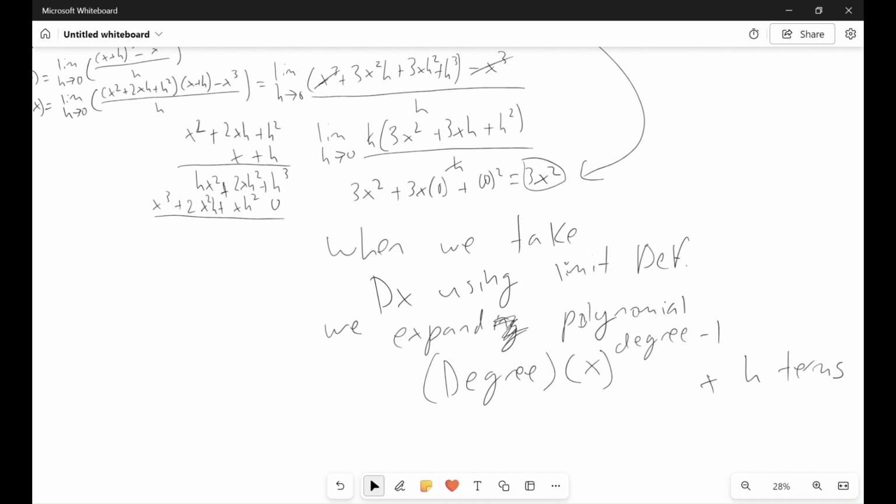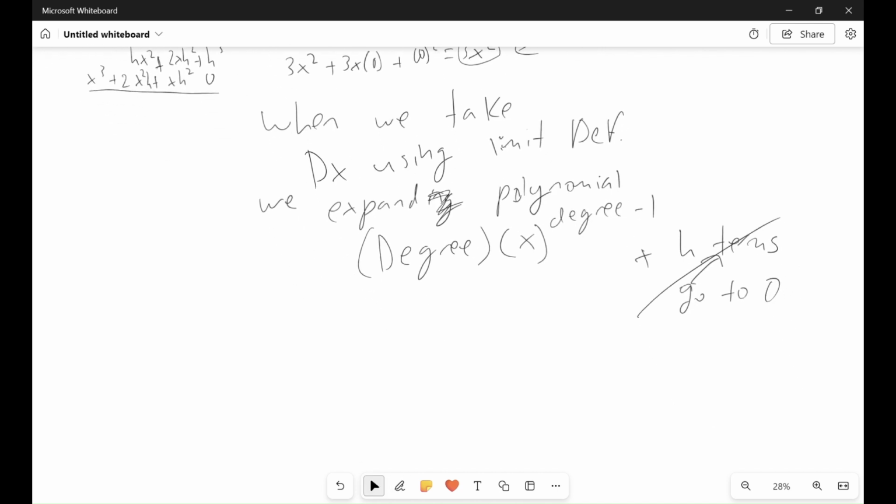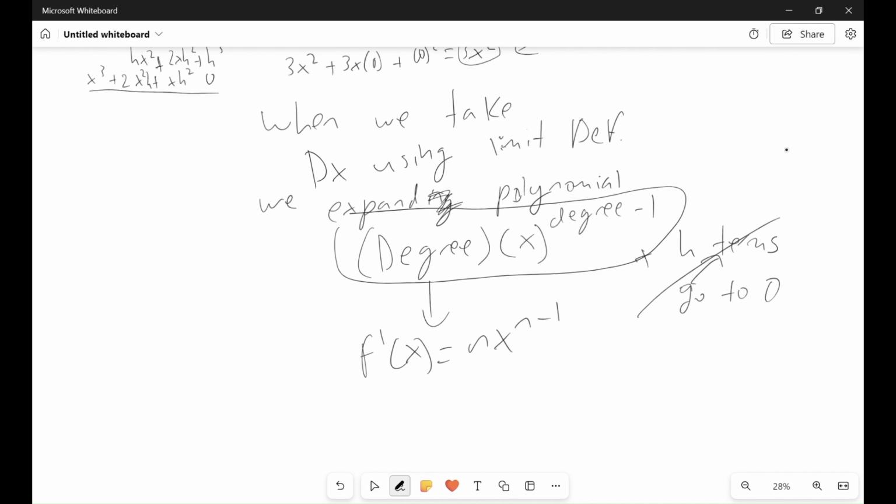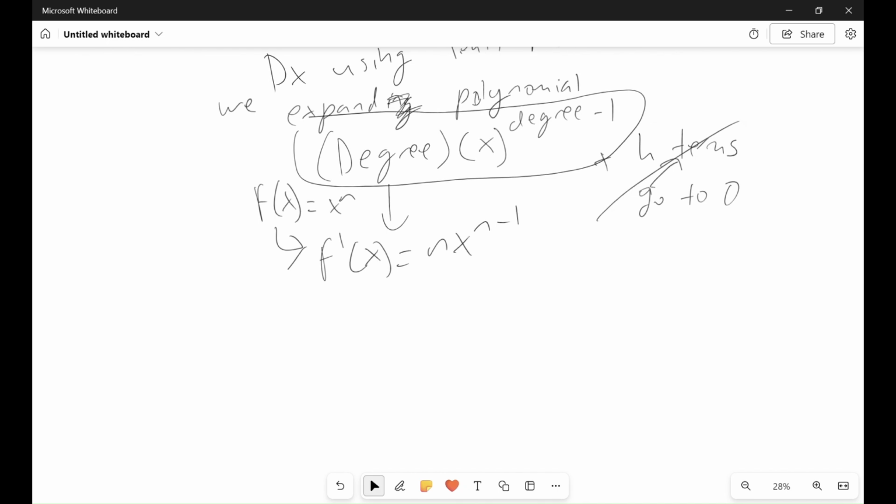And those h terms are going to 0. They're canceling out. So we're left with this right here. And as you recall, this is another way of saying n times x to the n minus 1 if f of x is equal to x to the n. And this right here, f prime of x is equal to n times x to the n minus 1, is the power rule.